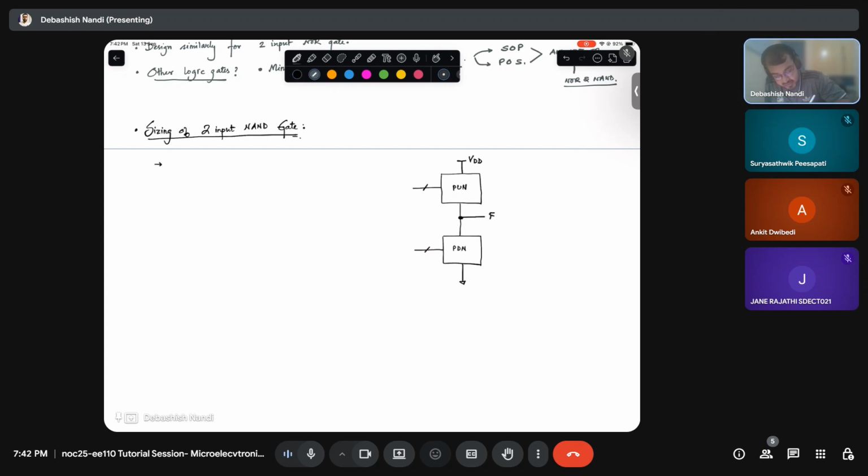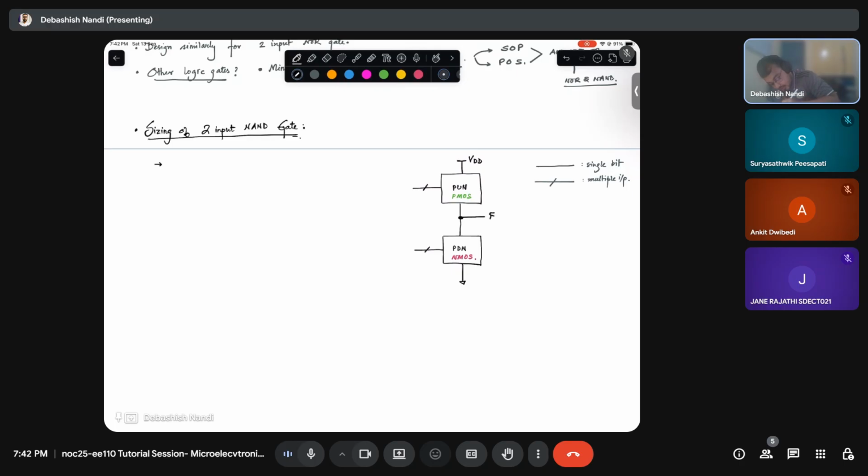So in digital circuits, this means a single bit. This means multiple bits or multiple inputs, okay? So this is a simple way to represent multiple lines. Okay. So my PUN network is comprising of PMOS and this is comprising of NMOS.